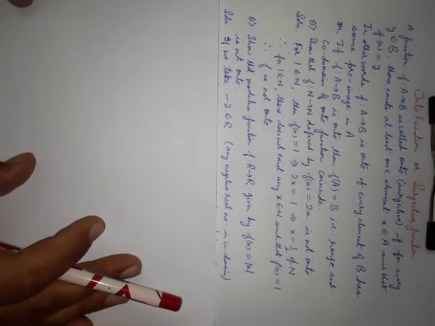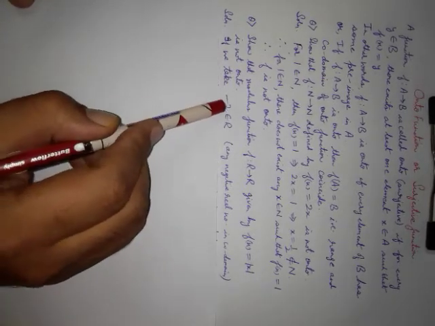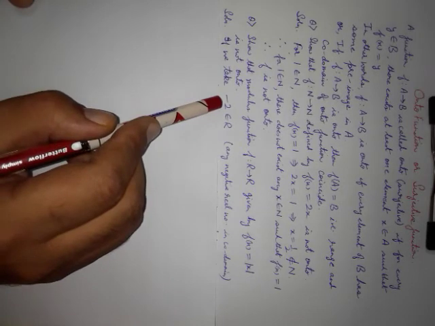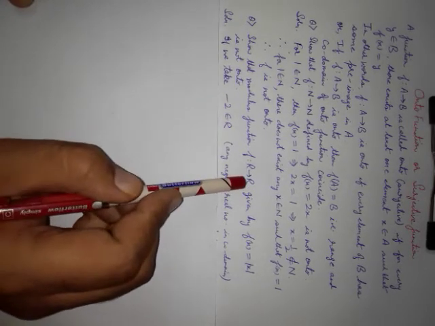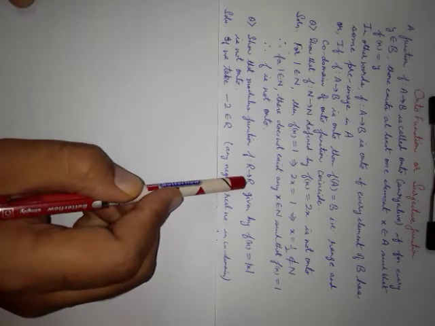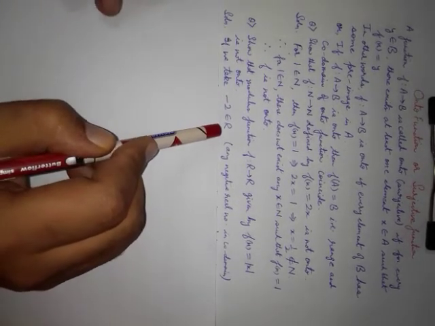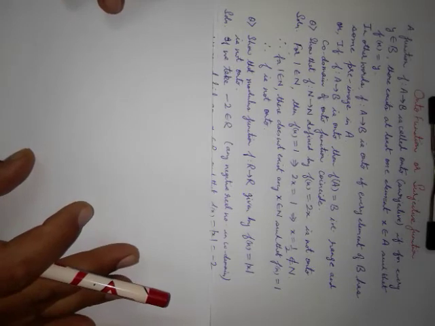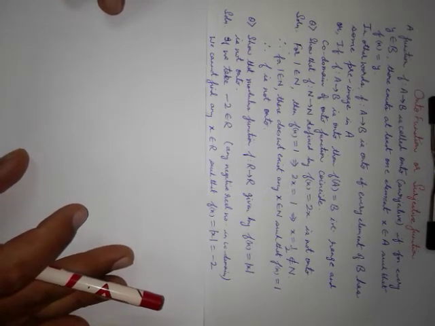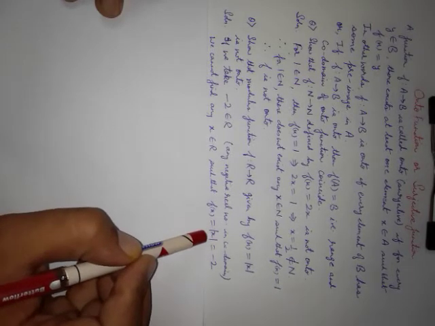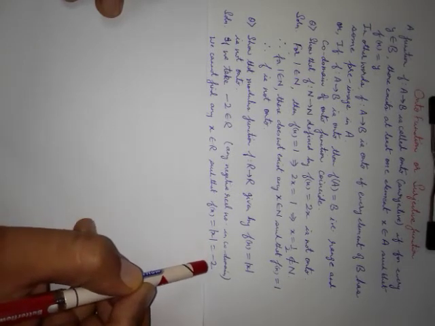Now if we take the element -2, clearly -2 belongs to the codomain. -2 is a negative real number, so R contains all the real numbers, positive as well as negative. So -2 also belongs to the real numbers. Now we all know that any modulus function, mod of x, will always be a non-negative real number.